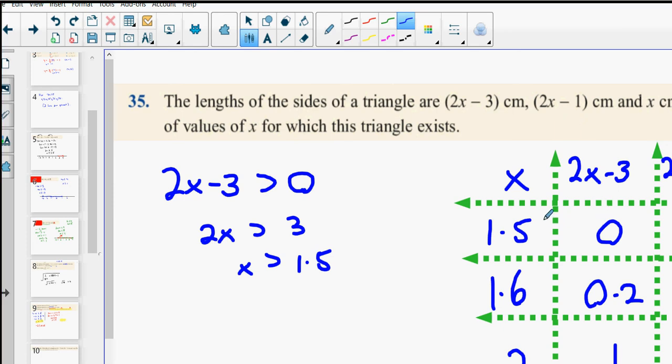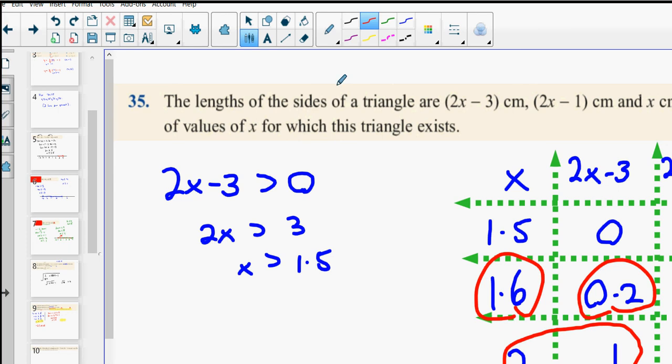Okay. This one doesn't work because the two smaller sides added together are not bigger than the biggest side. We actually found that out earlier, didn't we? It's x equals 2 when the two smaller sides equal the bigger side.